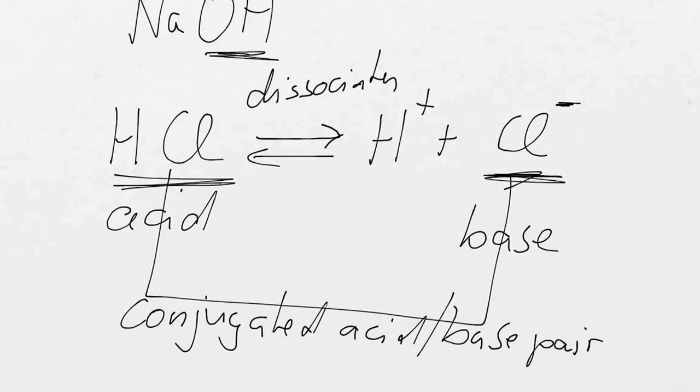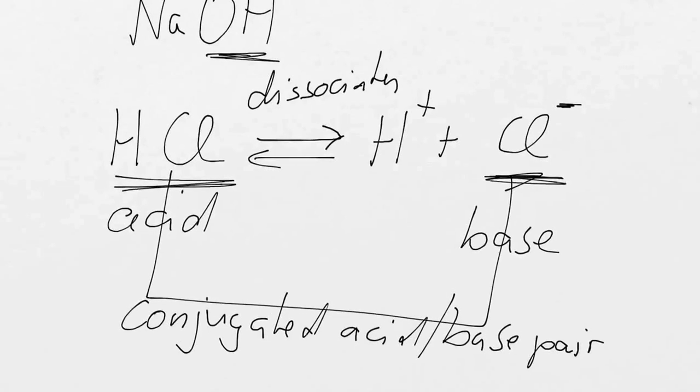Or if you like, in a conjugated acid-base pair, the acid is the guy who has the proton, the base is the guy who doesn't, who is accepting the proton. Yeah? Makes sense.